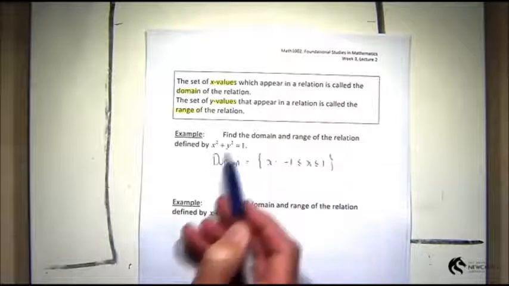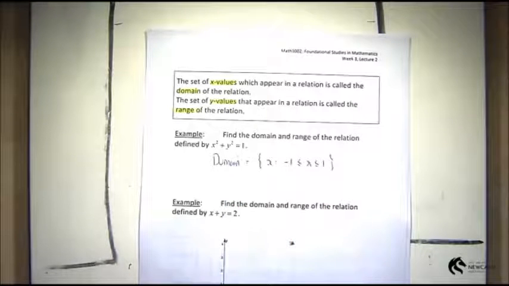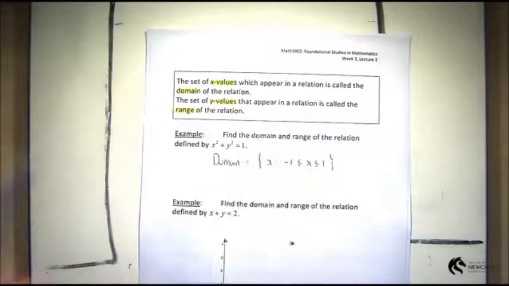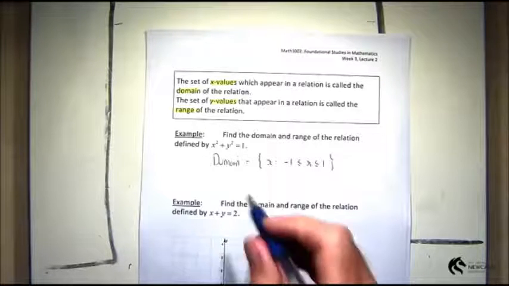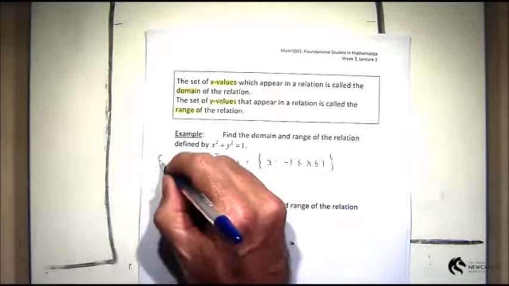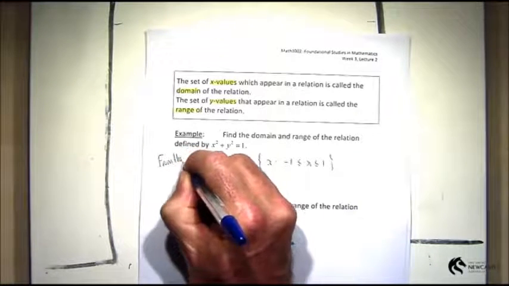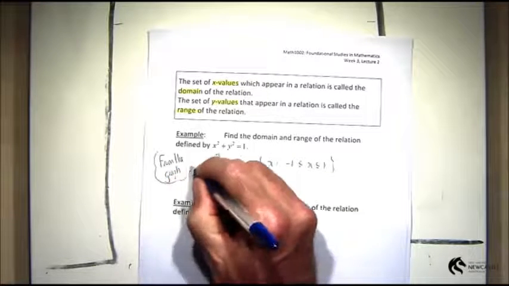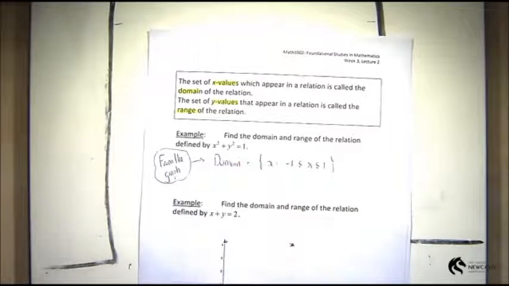That's what that notation is short for. That's the set of x values that appear in the relation x squared plus y squared equal to 1. This comes from our picture, from the graph, is how we saw this. We'll talk more about finding these things later, but for the moment, just trying to get the idea across.